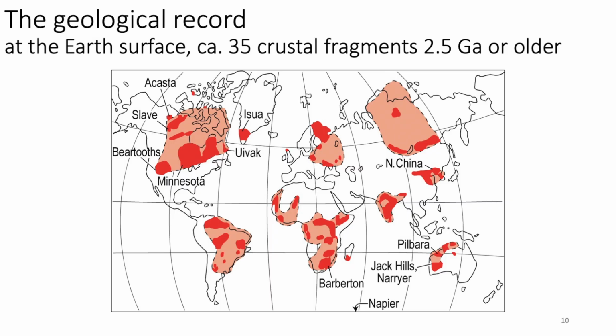So now I will go to some of the oldest geological record that we have, and in many of the next slides, I will talk about a locality called the Jack Hills. The Jack Hills is where we find the oldest zircons at the surface of the Earth being preserved.